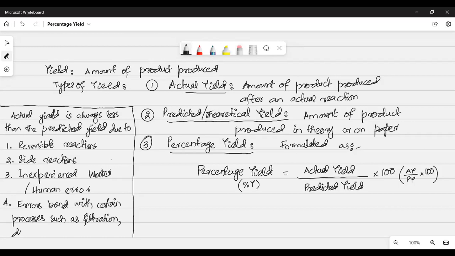These are some processes in which there is bound to be less yield than expected. You can't always have 100% yields. So that's how it goes.